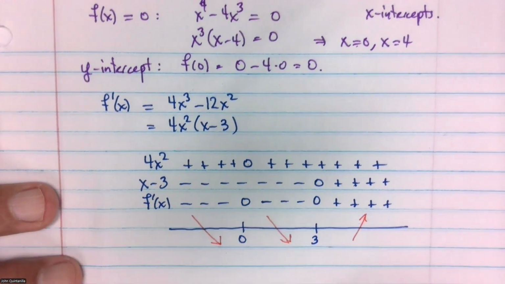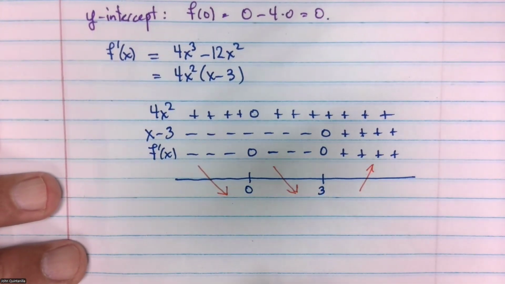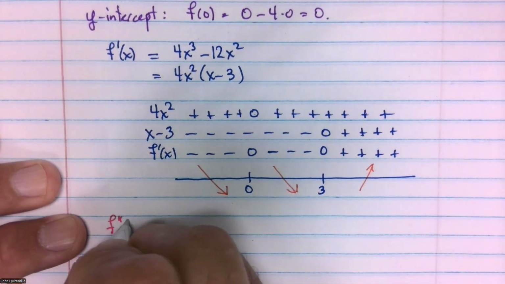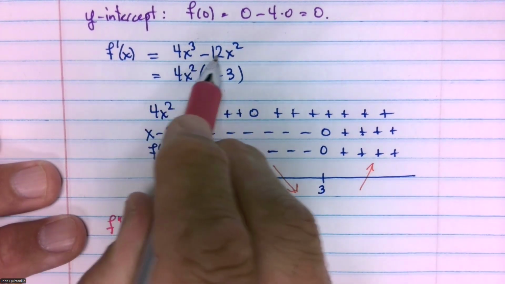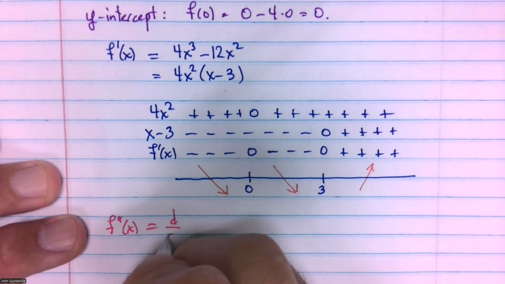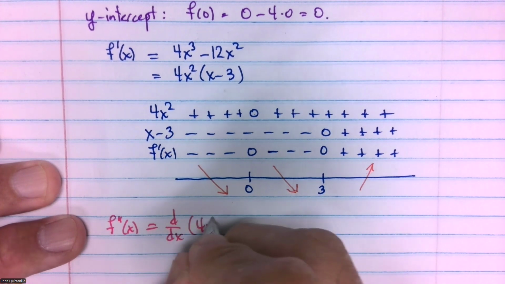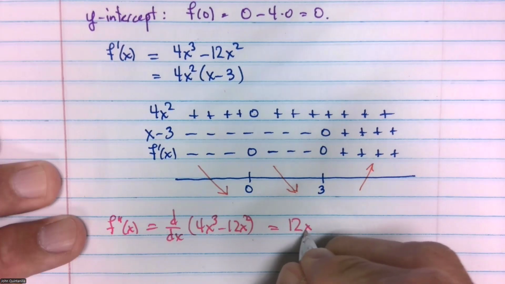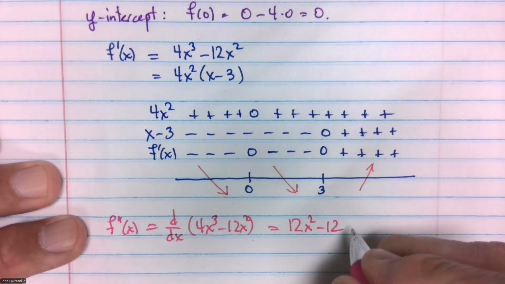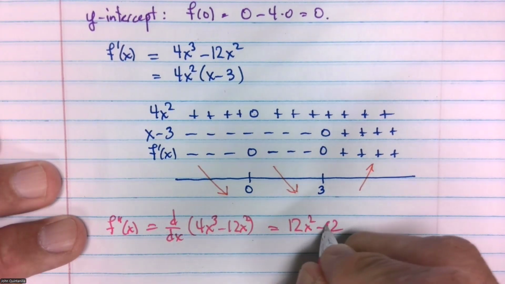Now we determine points of inflection. To do that, we need the second derivative, f double prime of x. So if I take the derivative of 4x cubed minus 12x squared, that is 12x squared minus 12x, sorry, minus 24x, pardon me.